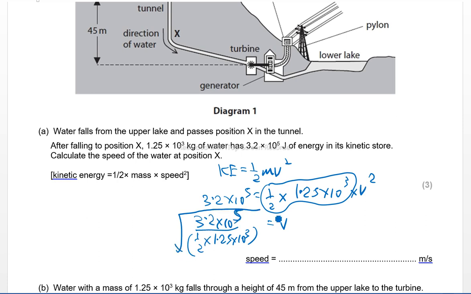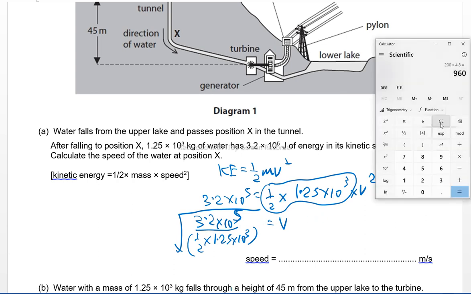Right. So we'll enter and get the answer. 3.2 into 10 to the power 5, this is how you enter. 10 to the power 5 into 3.2, you get the answer.